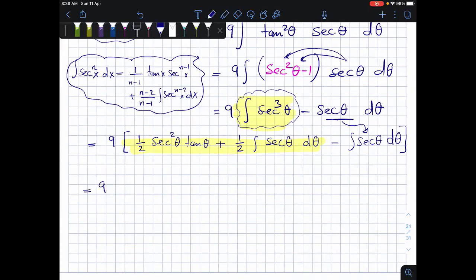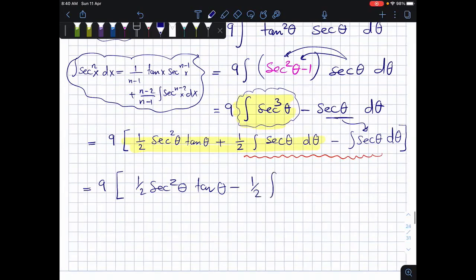Finally, it's 9 into 1/2 sec squared theta tan theta plus, we have now to add the like terms, half the integral of sec theta minus the integral of sec theta. This simply is equal to, yes, correct, a negative half the integral of sec theta d theta.